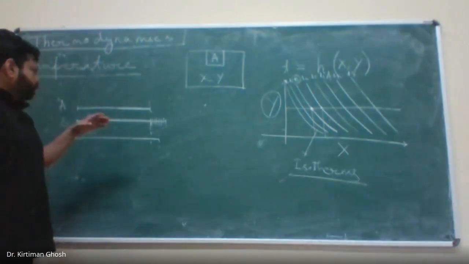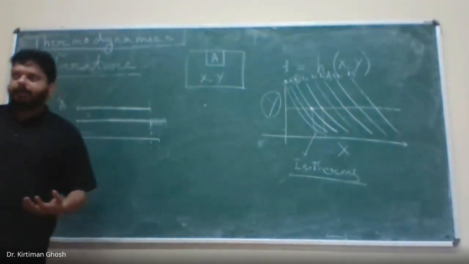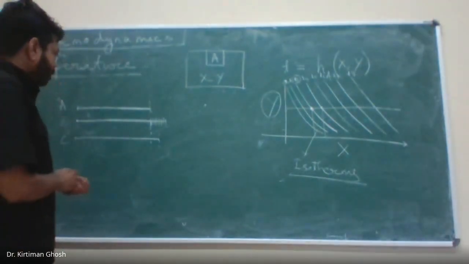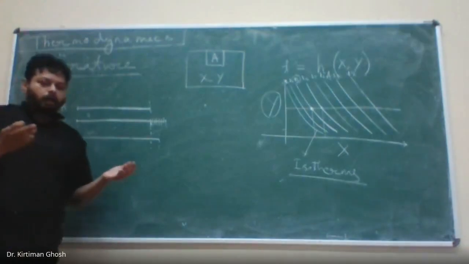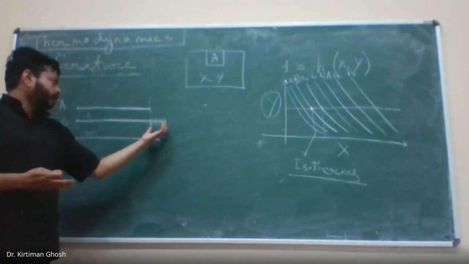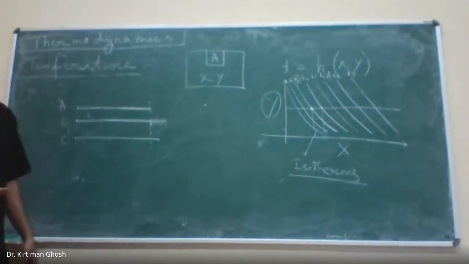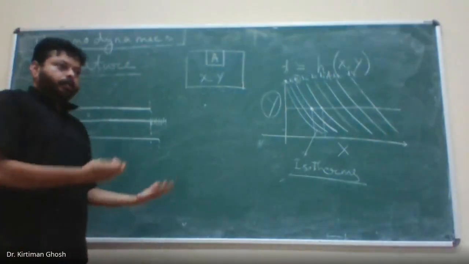Okay, but there are some problems. Whenever we are defining some instrument, some units, we should follow some universal convention. Because if we do not, then we are all free to choose our own convention. As I told you, I can split this range into an arbitrary number of divisions according to my convenience and make my thermometer.